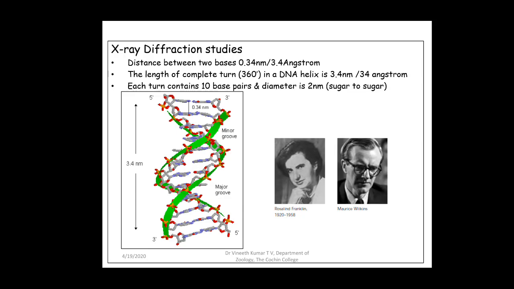So it is a fiber which has a long axis. One periodicity is a primary one, which is 3.4 angstrom or 0.34 nanometer, and a second periodicity in the structure is 34 angstrom or 3.4 nanometer.